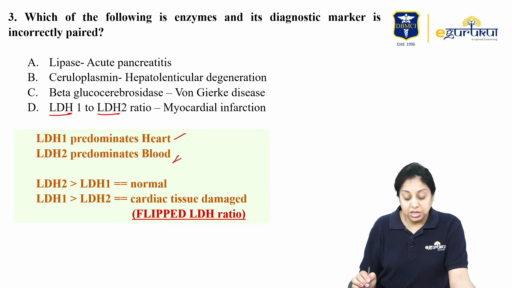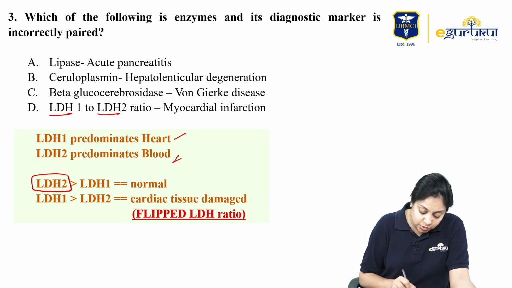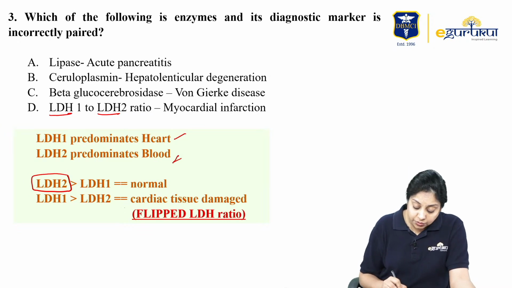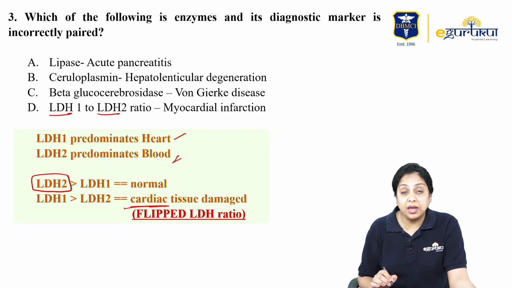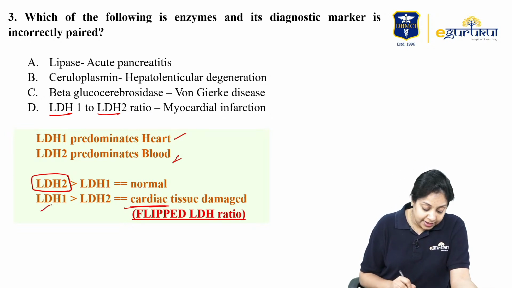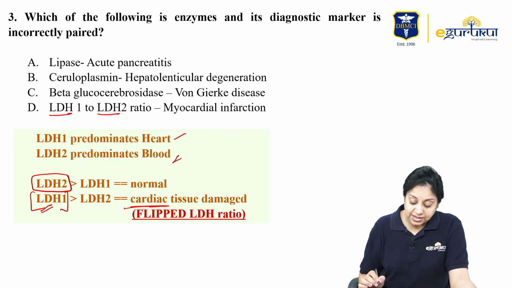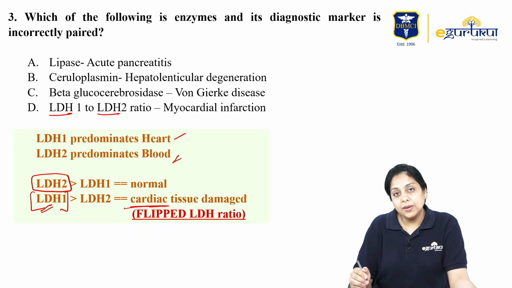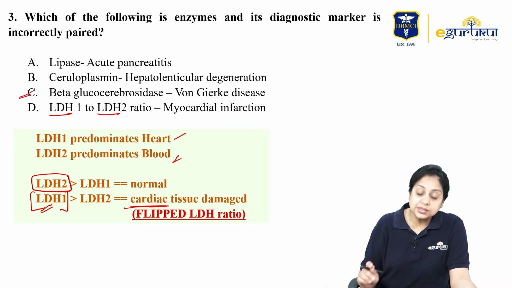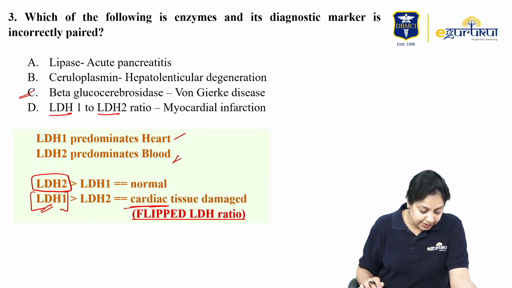Under the normal condition, LDH2 concentrations are higher as compared to LDH1, but during cardiac tissue damage such as MI, this ratio flips. The LDH1 is higher as compared to LDH2, and we call this a flipped LDH ratio. So this is an extra edge point I wanted to give you, but the incorrect pairing is choice C.